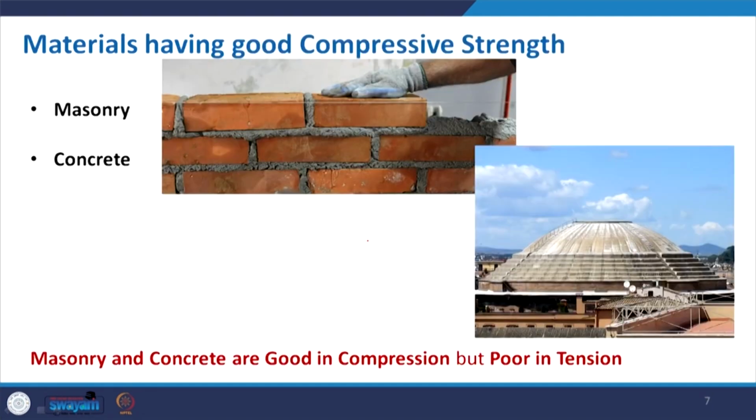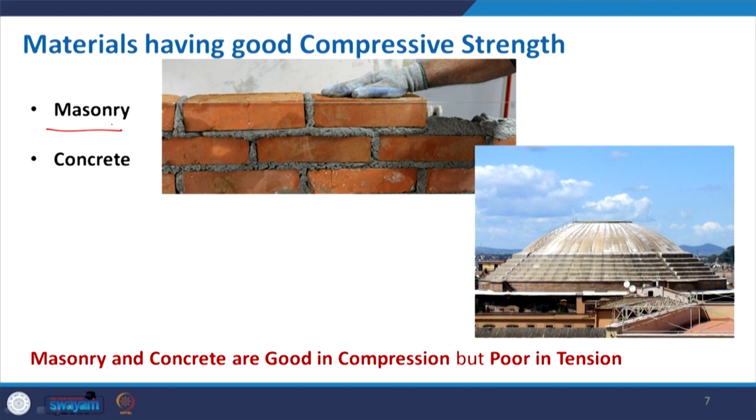Now, moving forward to the materials being used. One is masonry. This is a representative picture where bricks are laid with cement mortar, but as we also discussed previously, masonry can also be done with stone blocks.